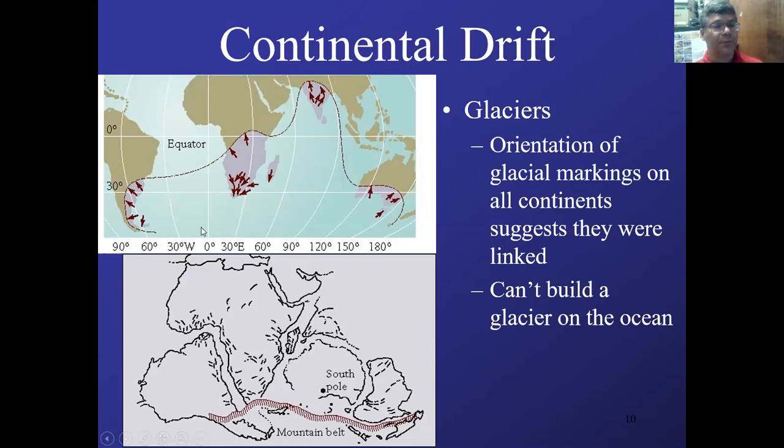Also, the directions, particularly for South America and Australia, the direction that the glacial ice was moving to scratch across the rocks and leave the traces that we can see, seems to be coming from out in the ocean. That's a problem because you can't build a glacier on the ocean.